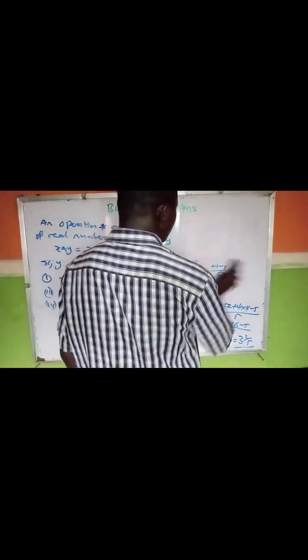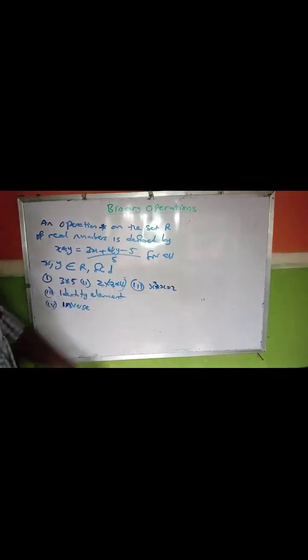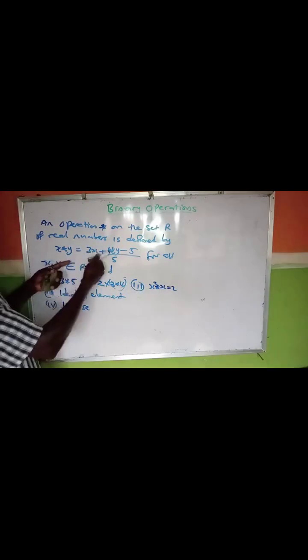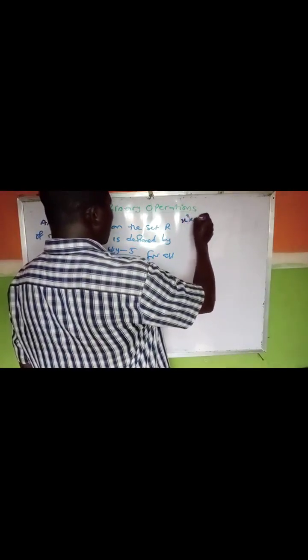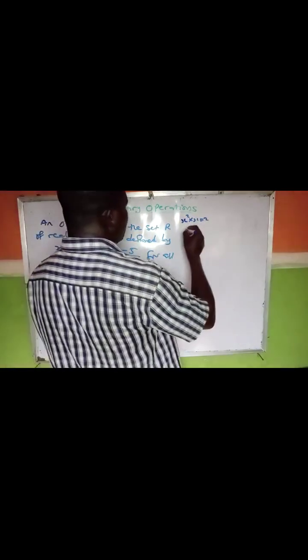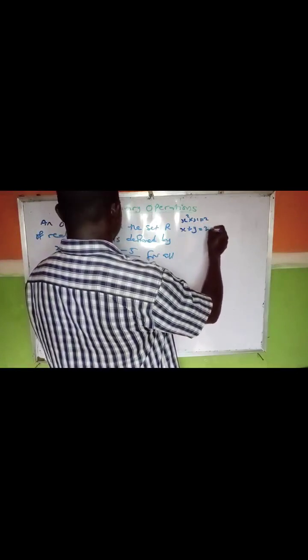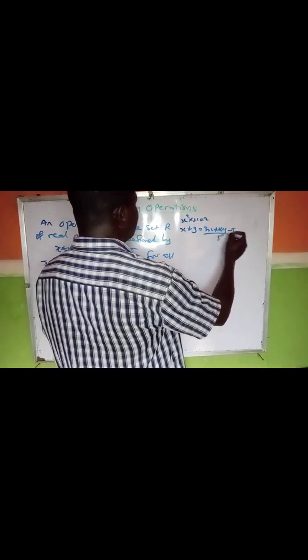So what you have again, you have to do this one also. What does this one mean? This is x squared, and remember, this is what you are given. So you will have x squared asterisk x equal to 2. If you replace this, x asterisk y, which is defined as (3x plus 4y minus 5) over 5, equal to 2.